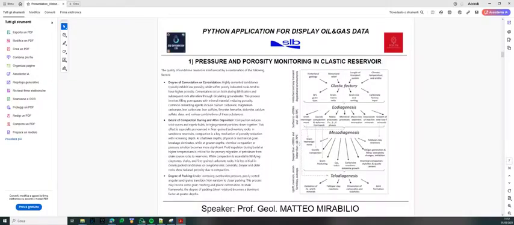So this is just an introduction to the problem of studying pressure and porosity in clastic reservoir, to make it easy to understand why we use this kind of coding and example. Today it is most important to use, for example, machine learning techniques to predict the evolution of porosity and pressure, and also to plan the maintenance of the reservoir.